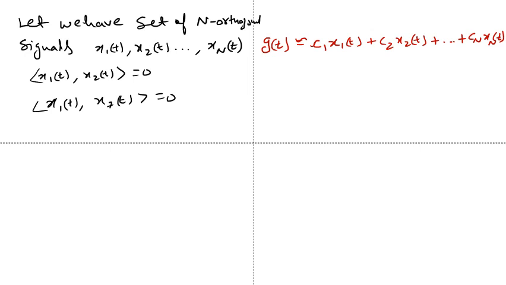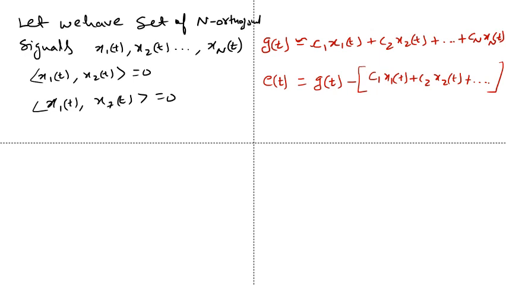Okay, so from here the error e(t) will be equal to g(t) minus c1 x1(t) plus c2 x2(t), and so on till cn xn(t).